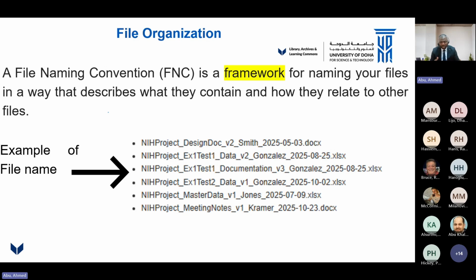You also include dates in a consistent format, the ISO recommended format, which is the year before the month and the date. Then if you have a version, also indicate what version it is. Try to avoid spaces and special characters when you are making names.